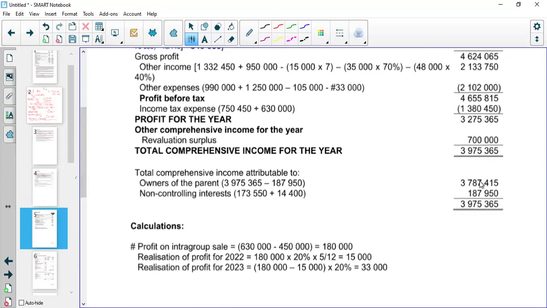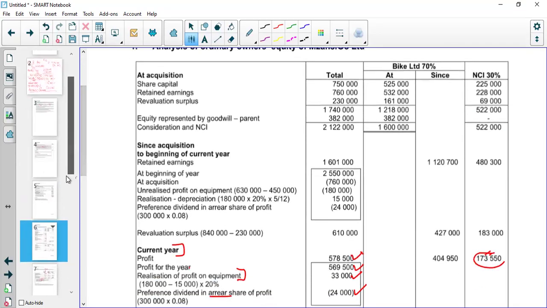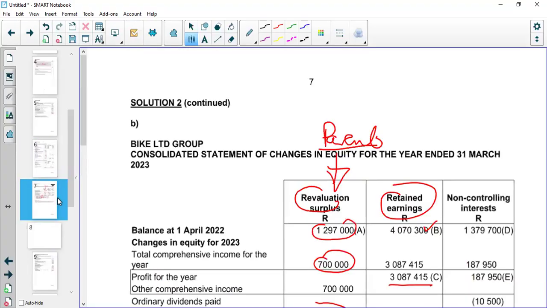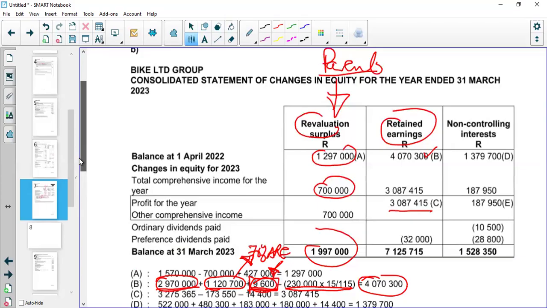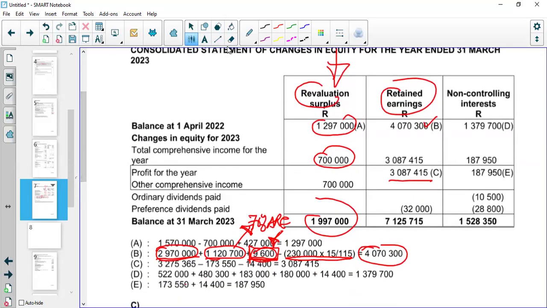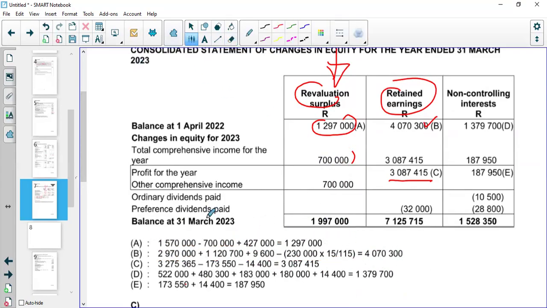This is the share, 3,787,415. So that's the share, where is the, so that was the share, the share was what, 3037.